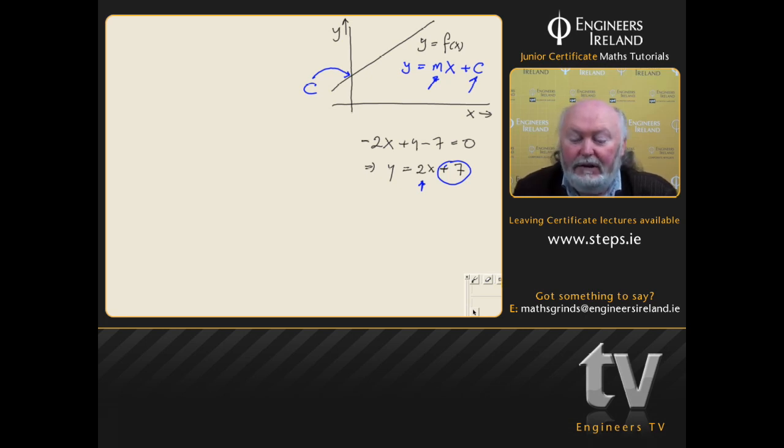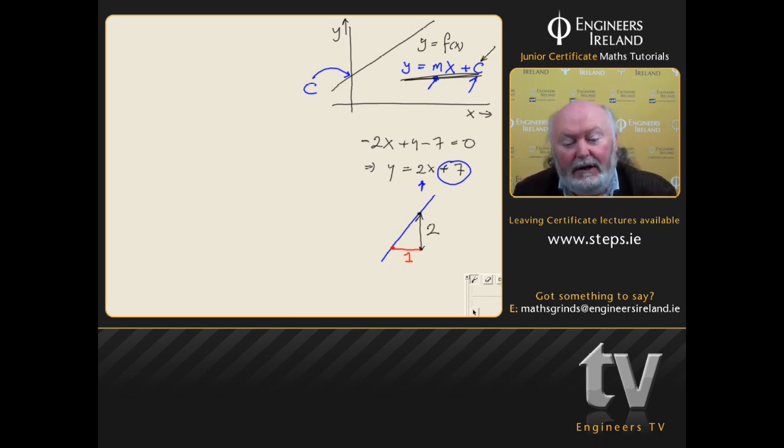So for every single step we would take, try and draw it here, if we're on the graph, and if we take one step in the direction of x increasing, the y will have increased by 2. So that's the slope of 2. These are quite easy to graph, because already you can see that the free number, when you put the equation in this form, is always where it crosses the y-axis.